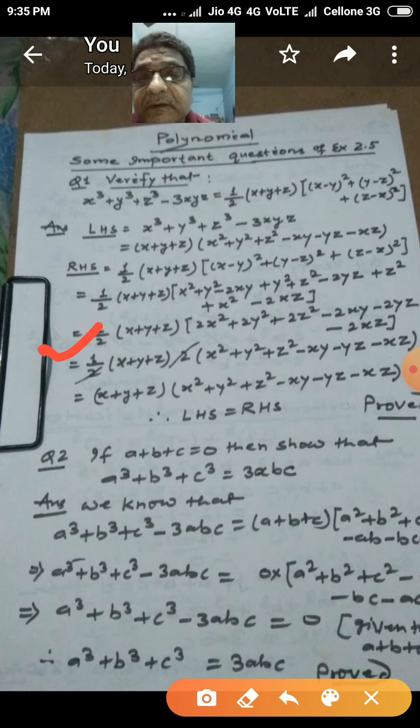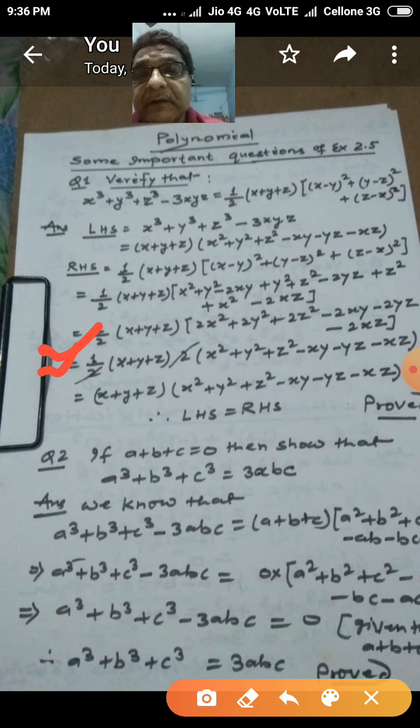Now in the next step, again half into x plus y plus z into, we see that in the second bracket there is a common factor 2 present in all terms, so we will take it out. Taking 2 common, the remaining terms are x square plus y square plus z square minus xy minus yz minus xz.